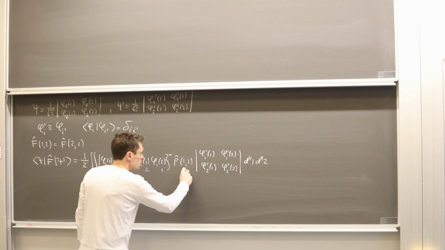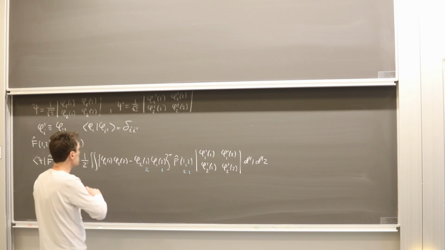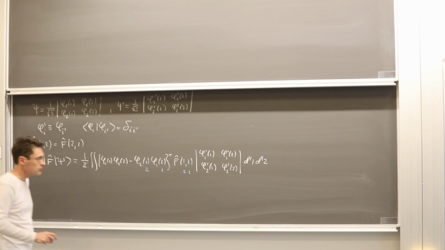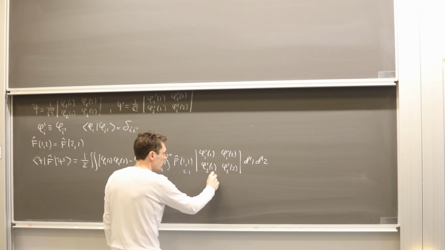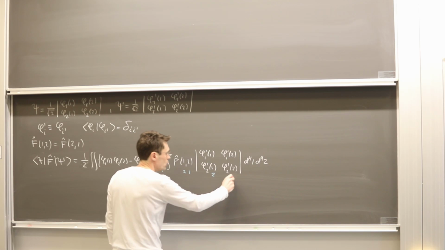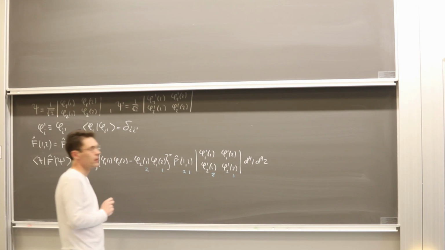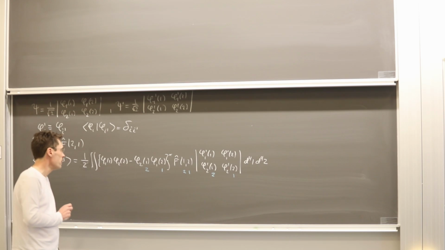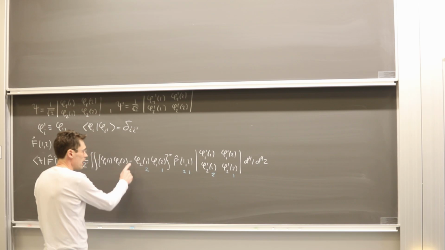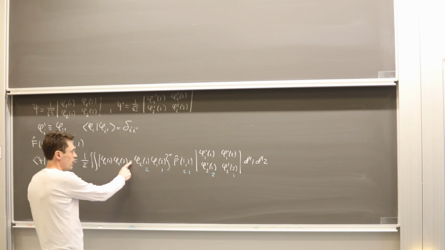I'm also allowed to do that over here because it's a symmetric operator. But if I do it here in the determinant, I get an argument 2 here and an argument 1 here. This actually means that I flip the sign of the determinant, and that will cancel this minus sign.